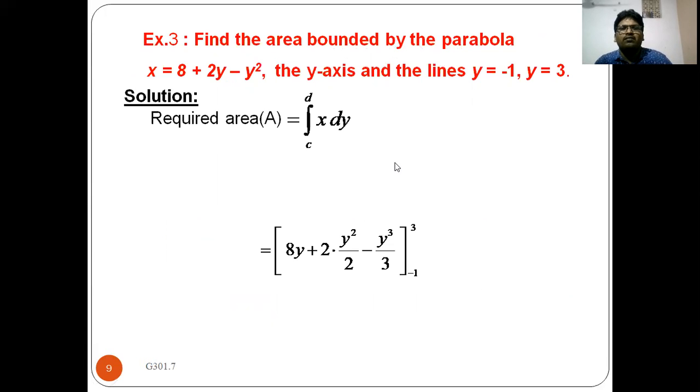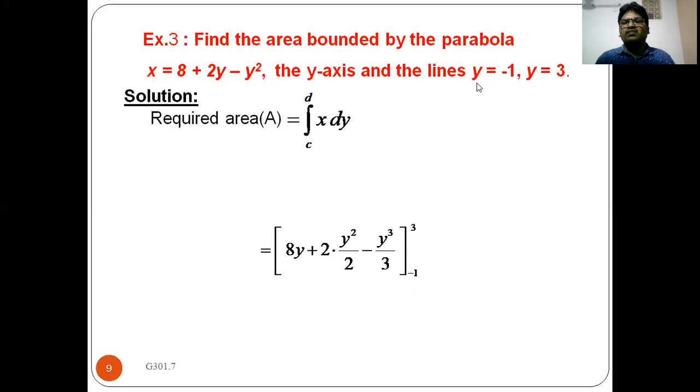Find the area bounded by the parabola x equal to 8 plus 2y minus y square, the y-axis and the lines y is equal to minus 1, y is equal to 3. So here the curve x is equal to 8 plus 2y minus y square is given.